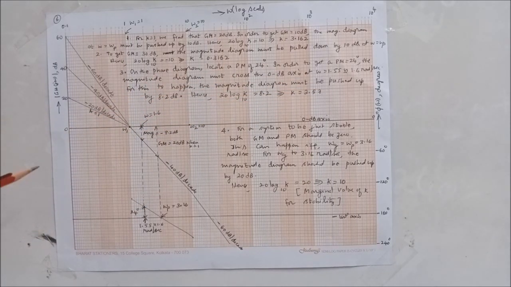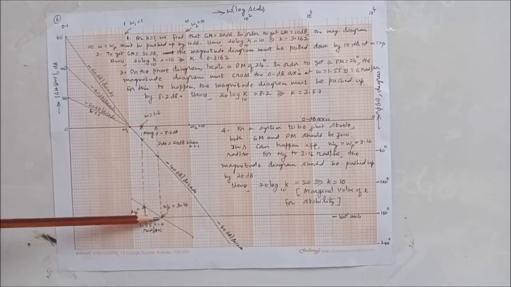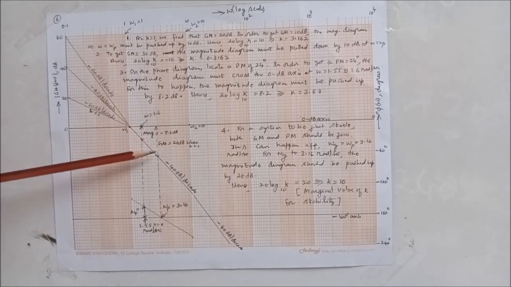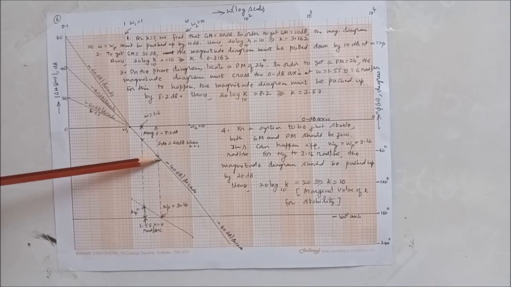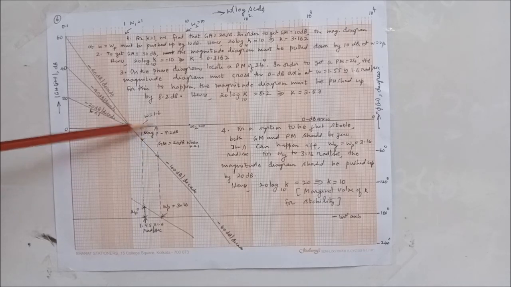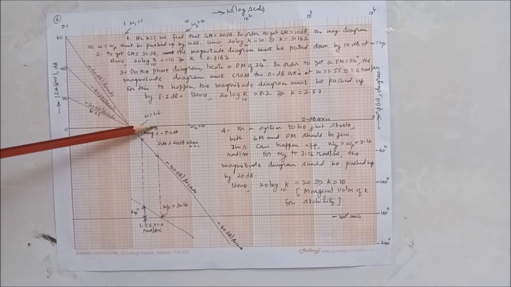In order to make a system just stable, both gain margin and phase margin should be made 0. That is possible when omega g becomes equal to omega p. Correct? Omega g is equal to omega p. That means if you push this magnitude diagram by 20 dB, the magnitude diagram will pass through 3.16.